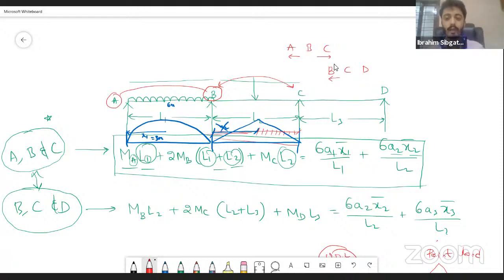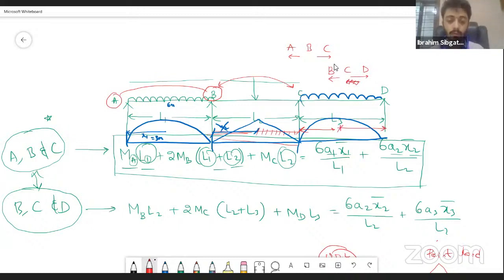And then when we are calculating for CD, let's say we have a UDL over here, and this is a parabola. So for span CD, we will not take from here to here, we will take it like this, from here to here.